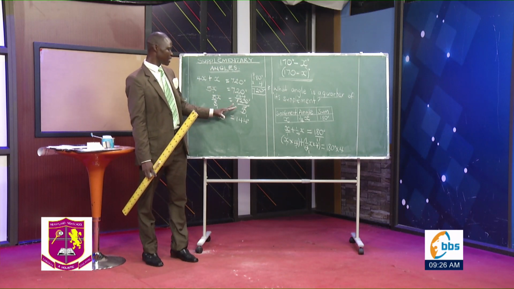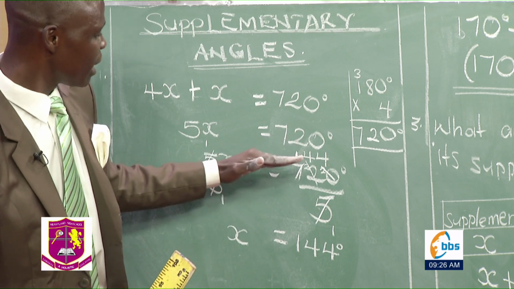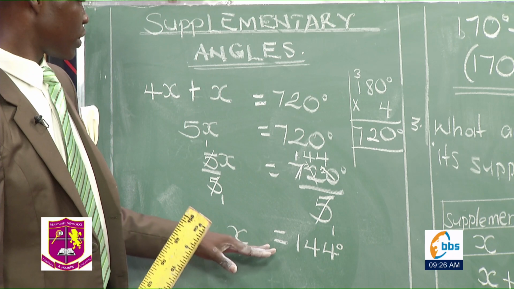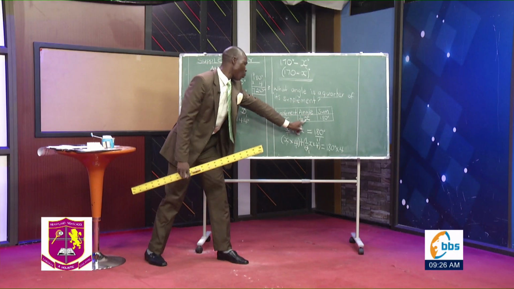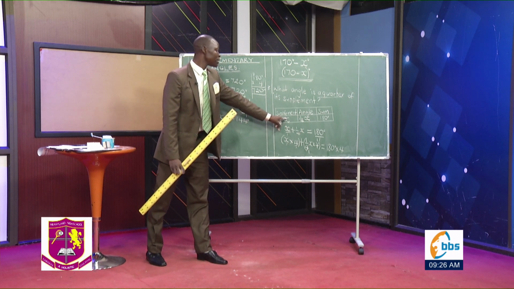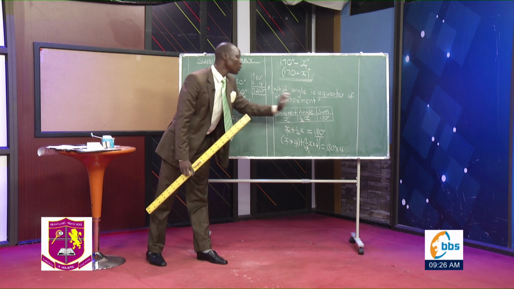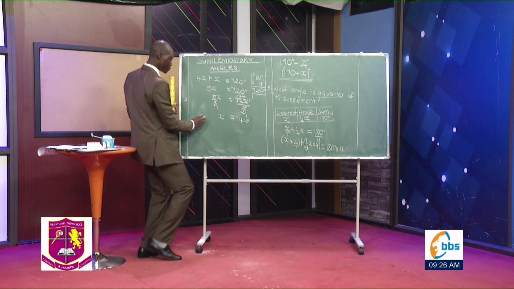So I've been very keen. If I made a mistake, then I don't know what could have caused it, but I've been a bit keener at this point. Now, I go back to my question. They want the angle, which is just a quarter of its supplement. Here we said, let the supplement be x, and the angle must be just a quarter of x. So we go on to find our angle.